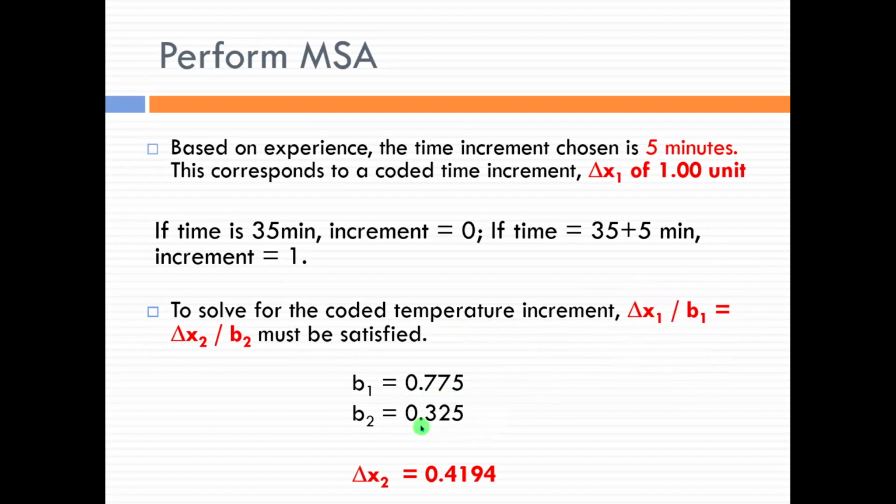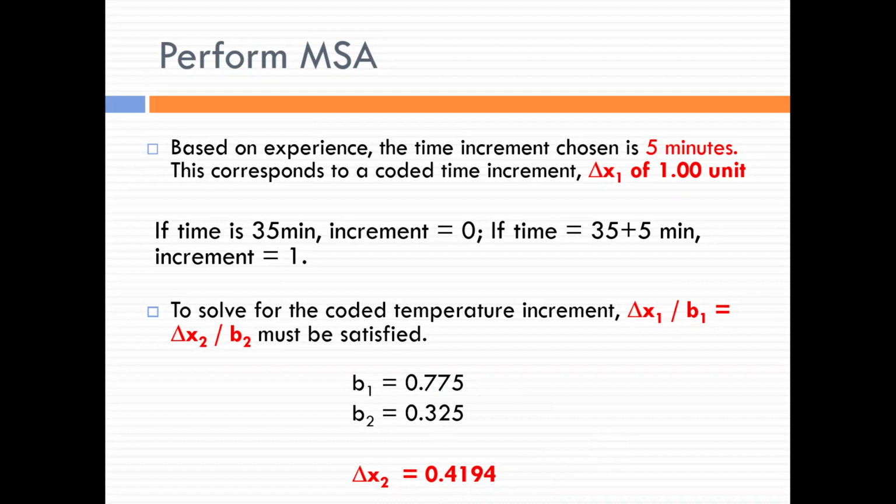If you multiply that by b2, this should give you x2 equal to 0.4194. And again, this increment is still in coded settings, class. The difference between coded settings and natural settings is that natural settings are the actual settings that we set in the parameters of our operation.